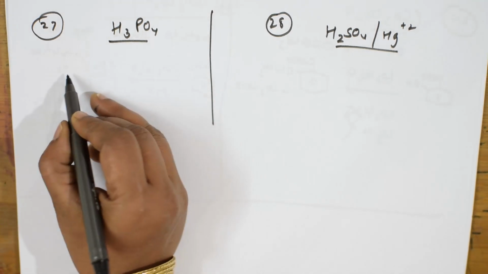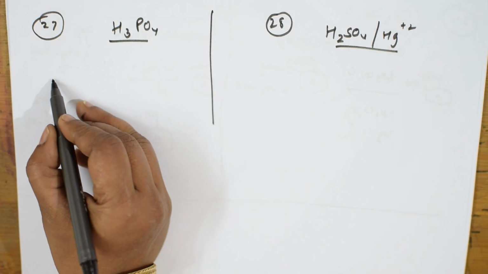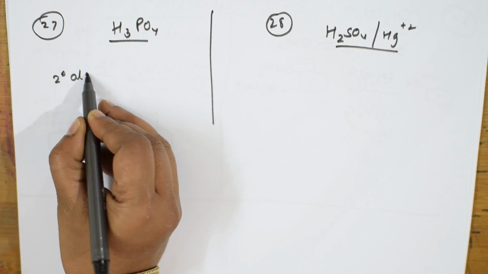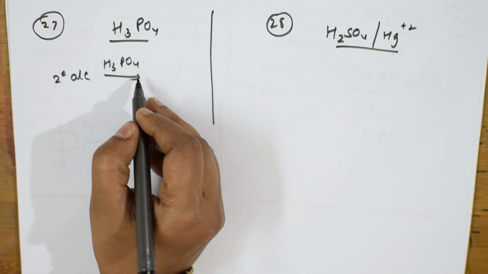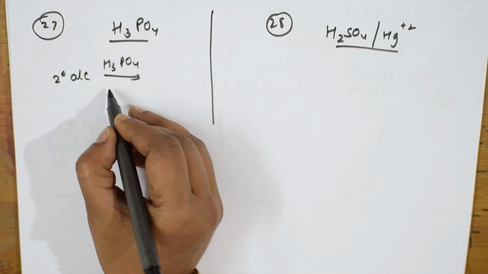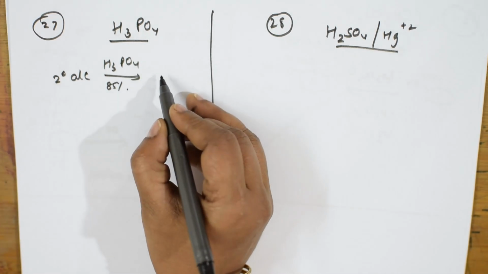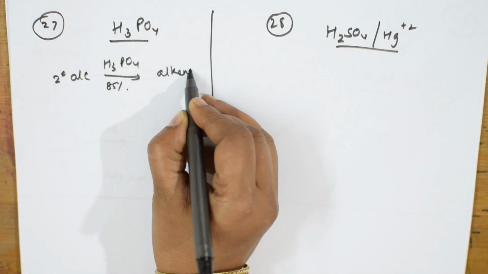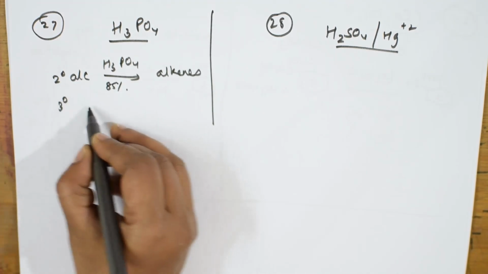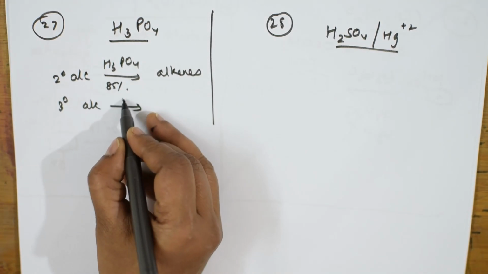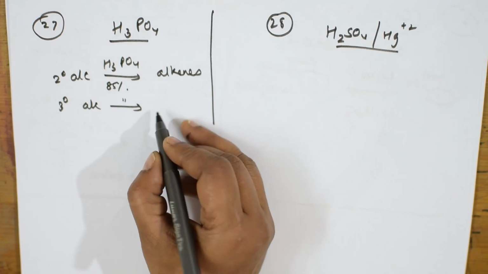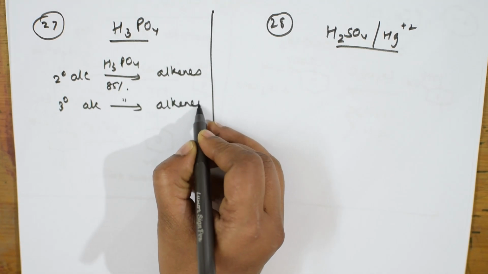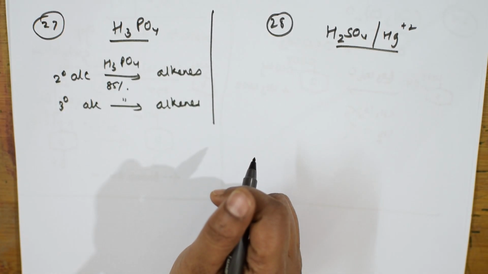Here, two conditions. If a secondary alcohol is taken and if we have 85% phosphoric acid, then the secondary alcohol is converted to alkenes. If your tertiary alcohol is present with phosphoric acid, they're getting converted to, again, alkenes only, but the percentage will be less.